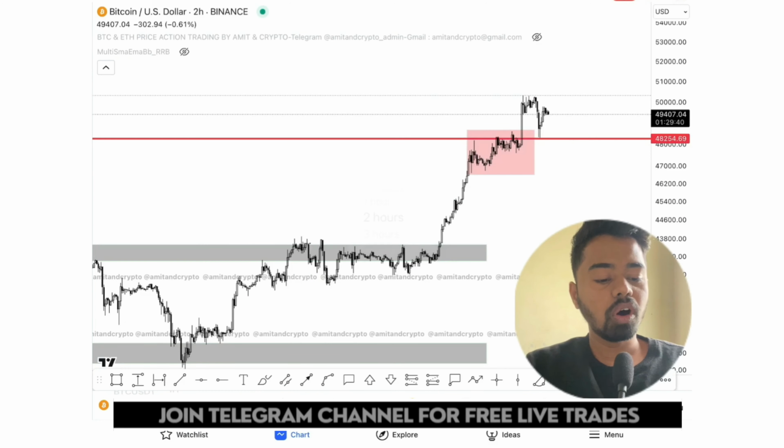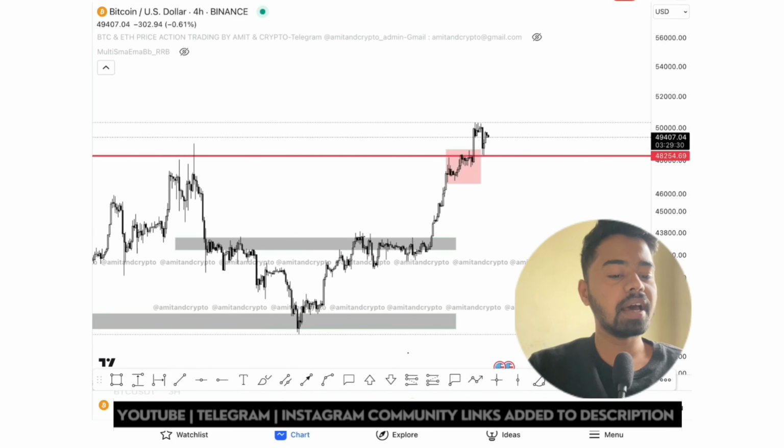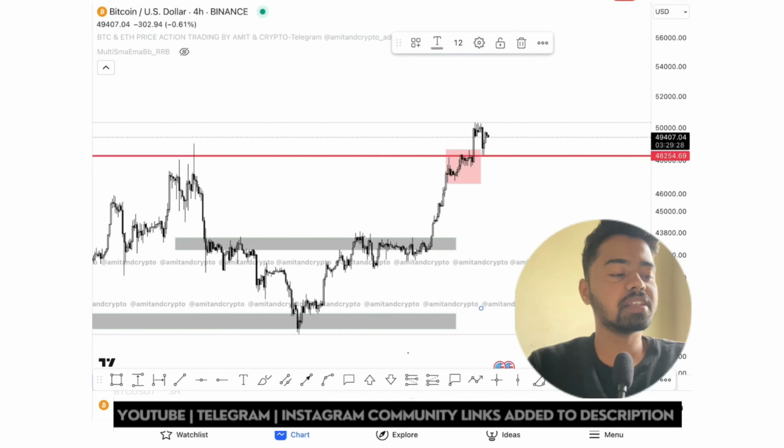This is the 4 hour time frame. We have drawn one resistance level and it was updated recently in a recent video, as well as I have shared many updates regarding BTC and altcoins in the Telegram channel as well as Twitter.